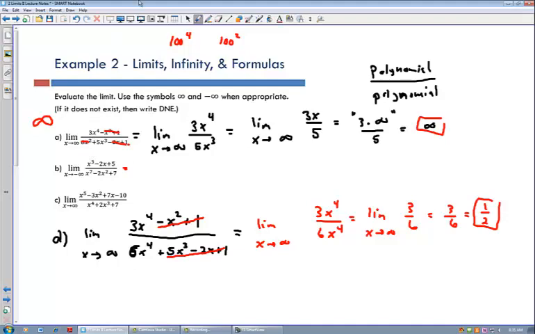So if you look in part B, in part B we have the degree on bottom is bigger than the degree on top. And so again, because I'm going to infinity, in this case negative infinity, I can cross off these lower degree terms because basically the highest degree term will dominate in the end.